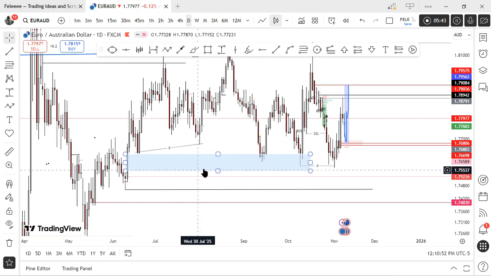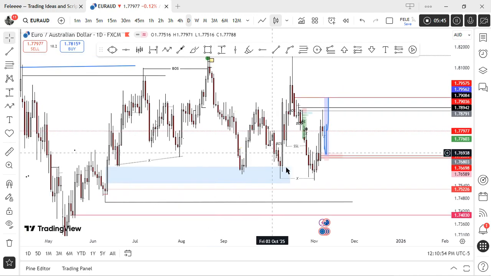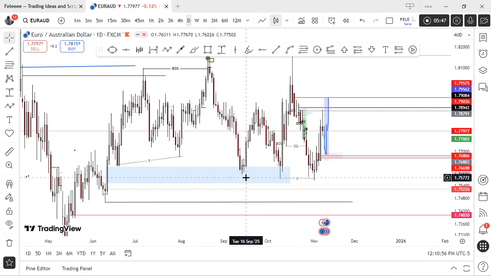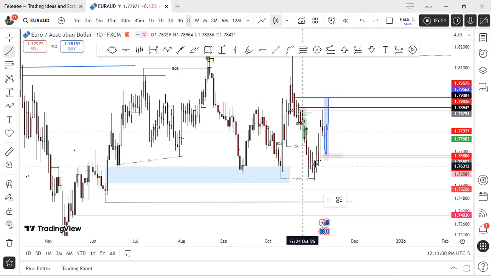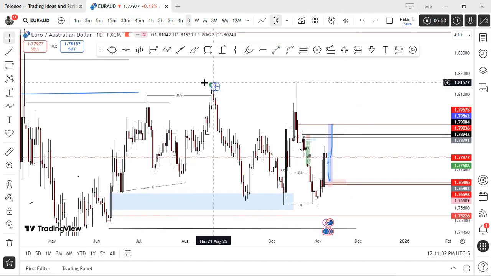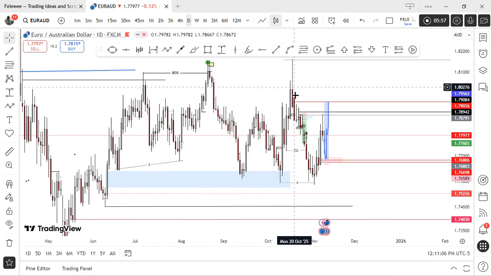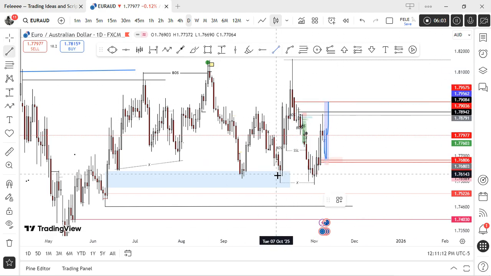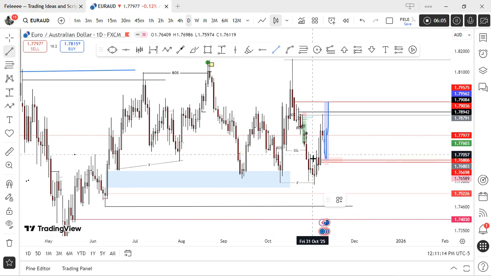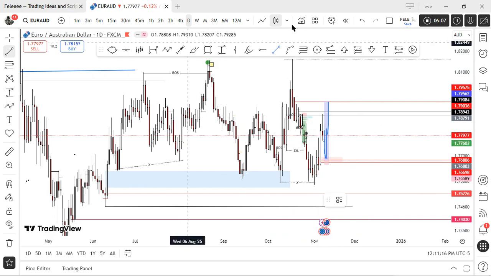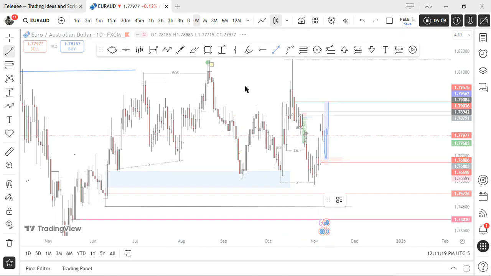Price is still ranging on this imbalance out here, and we can see that price left this liquidity down here and still couldn't manage to create a higher high. So once price started making this correction move, price had to sweep liquidities before going to the bullish move.